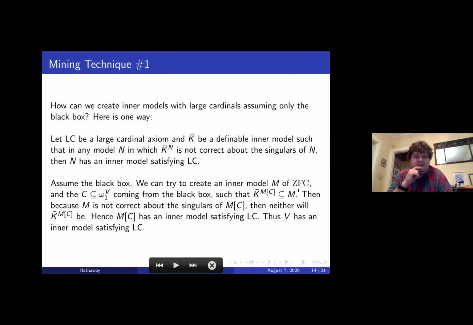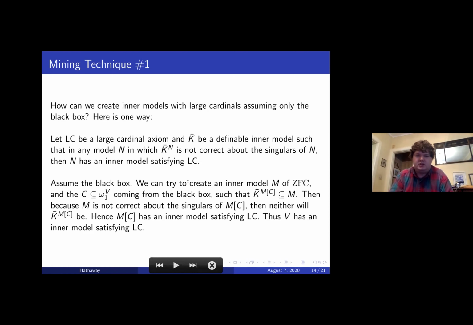Because the black box gives us that M is not correct about the singulars of M[C], it must also be true that the K bar of M[C] is not correct about the singulars of M[C]. So M[C] thinks that K bar is not correct about singulars. Therefore, M[C] has an inner model satisfying the large cardinal axiom. And therefore, V has an inner model with the large cardinal axiom as well. Any questions about what I mean by this mining technique?